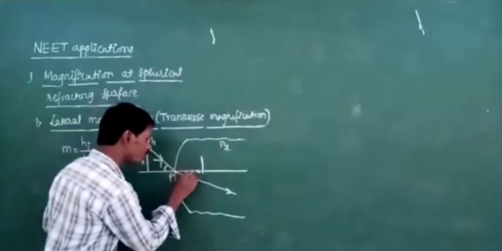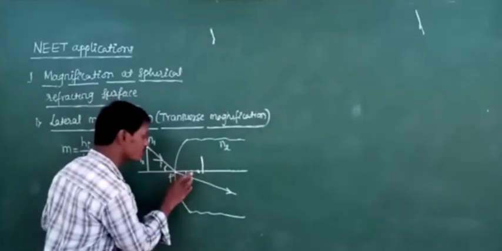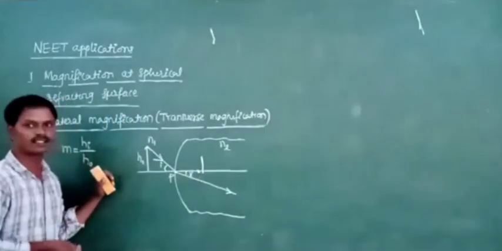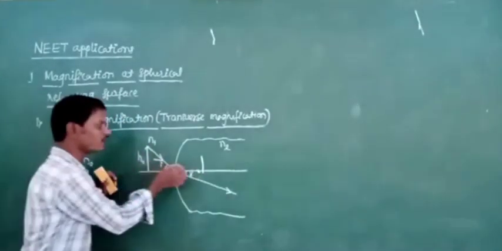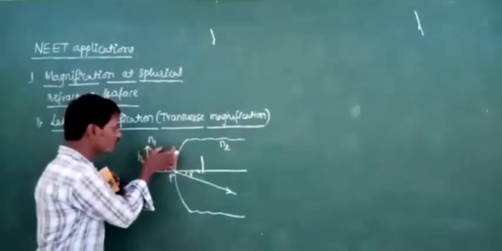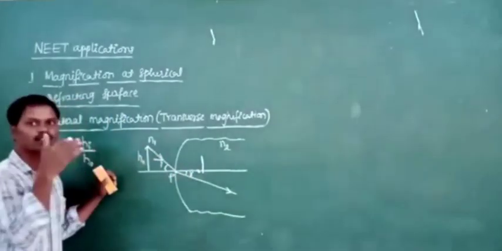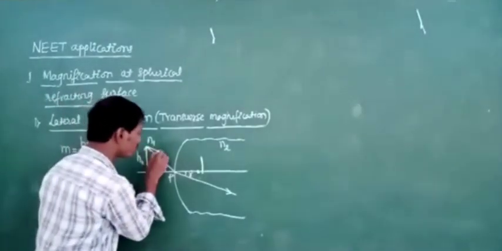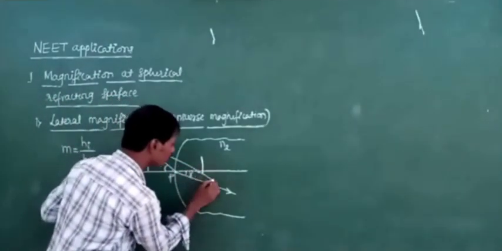Now the angle of refraction is denoted by r. And one more incident ray passes through the center of curvature, along the normal. If light passes along the normal, it passes without any deviation, because Snell's law is not applicable.